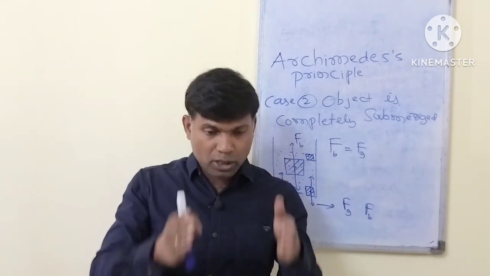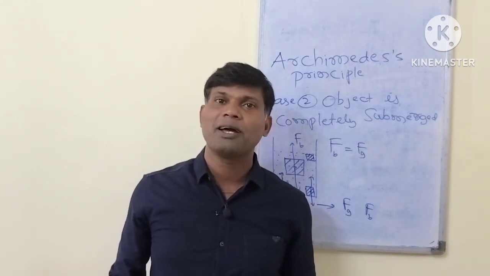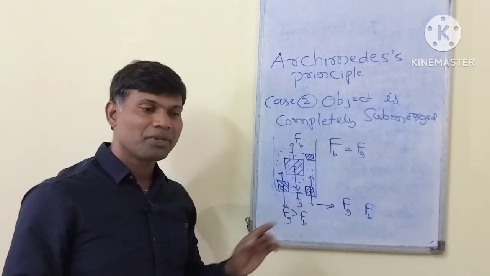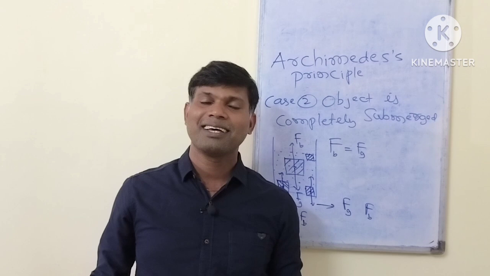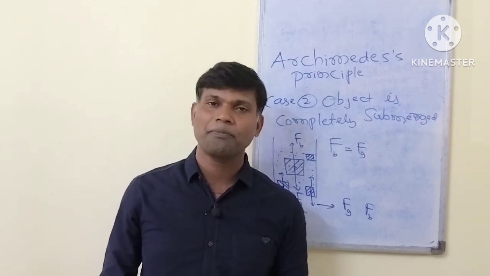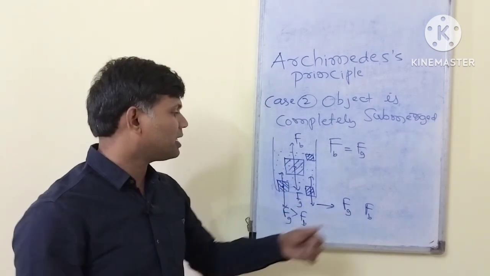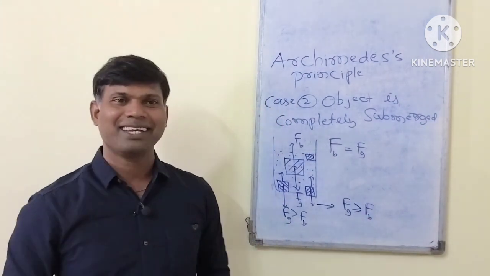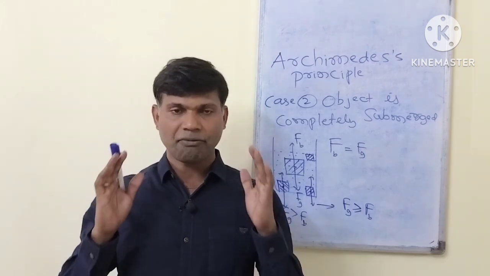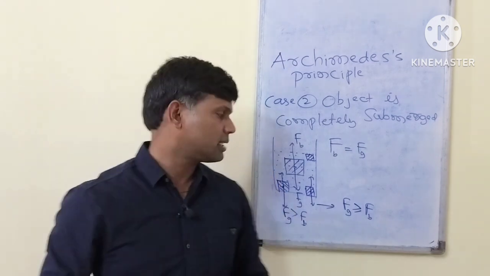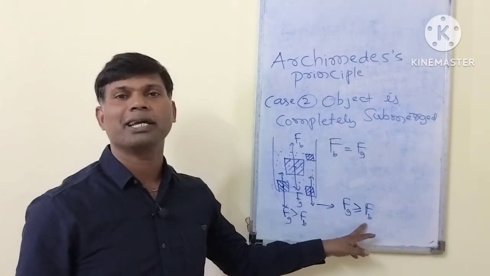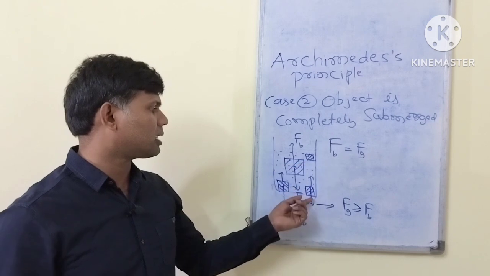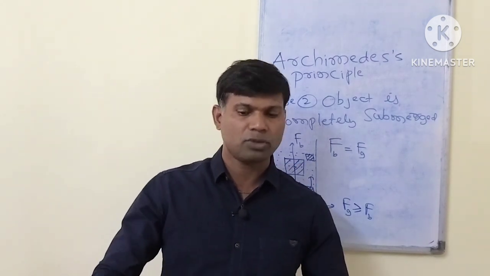In front of your eyes it is going downward, meaning Fg is more than Fb. But somebody kept this object at the bottom with external force. It means there is a possibility Fg is greater than or equal to Fb.